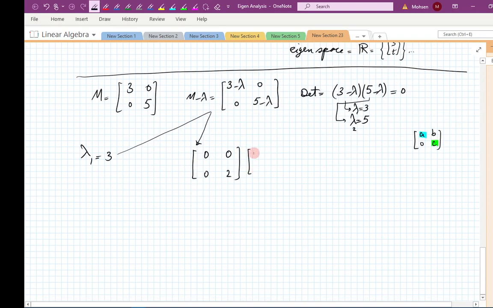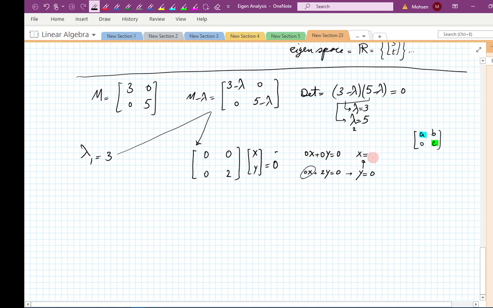So I have to take this thing, multiply by any vector and make 0 out of it. First row, just read 0x plus 0y is equal to 0. That doesn't tell me anything. Next says 0x plus 2y is equal to 0. Well, 2y has to be equal to 0, so that means y has to be 0, which then tells you if y is 0, x now becomes arbitrary.